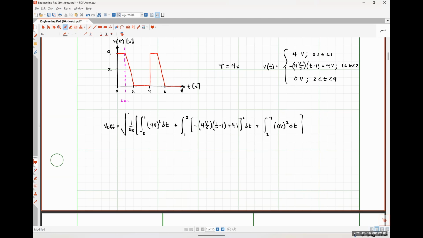And all of this is under the square root sign, okay?